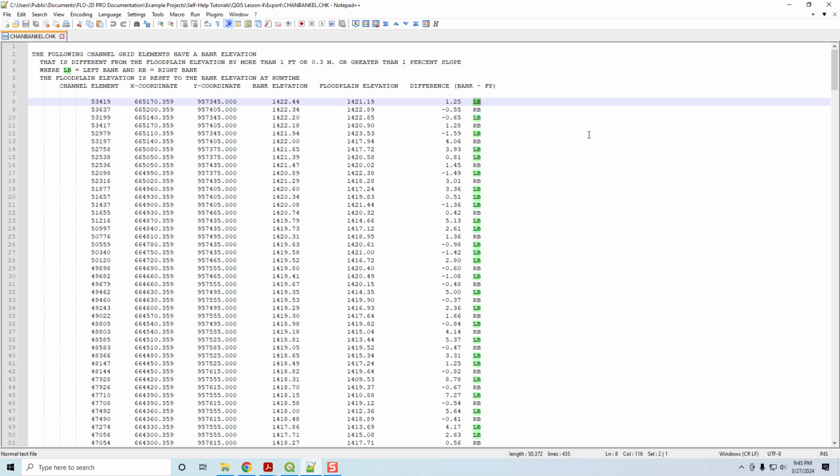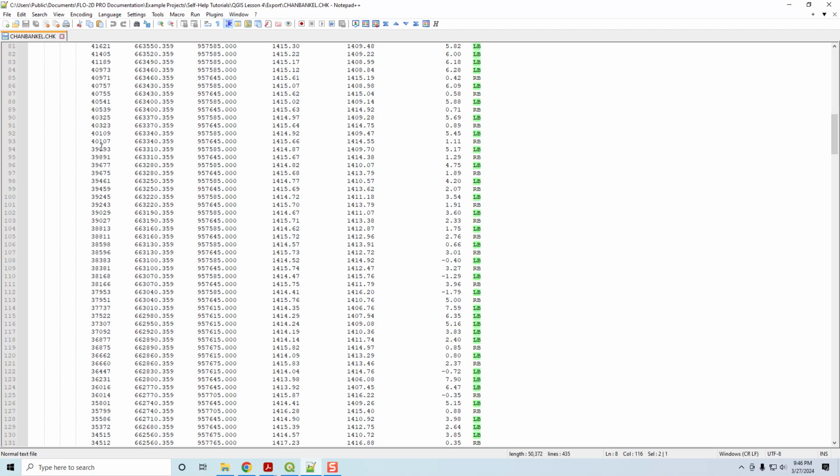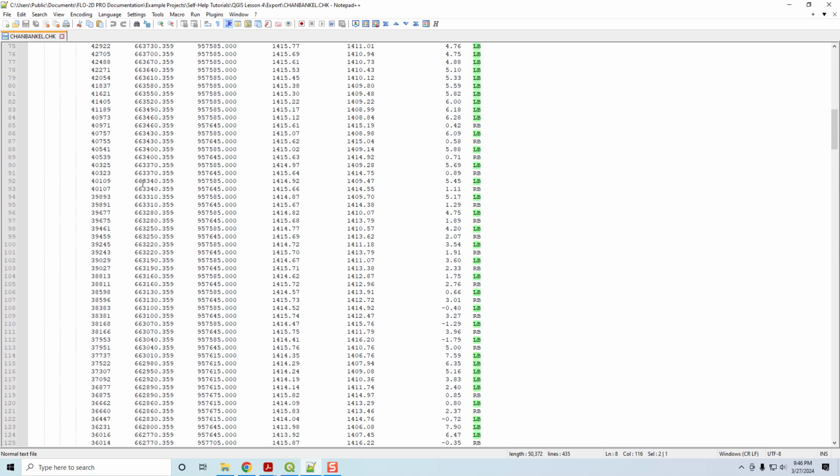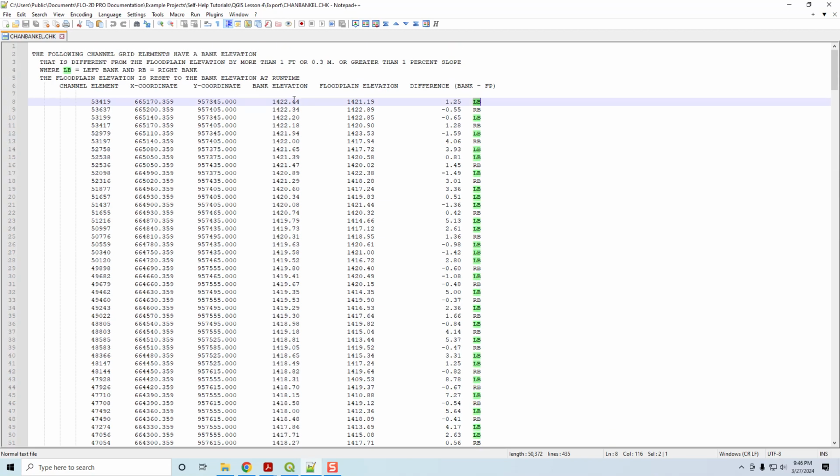So my guess is it's taking maybe the higher of the two, or maybe it's repeating the data twice. I'm not quite sure why there's only one in here, since we have a left and a right bank. And this is your grid elevation. And yeah, that's odd. I wonder why it's only doing one. Might have to get Jim to sort that out.